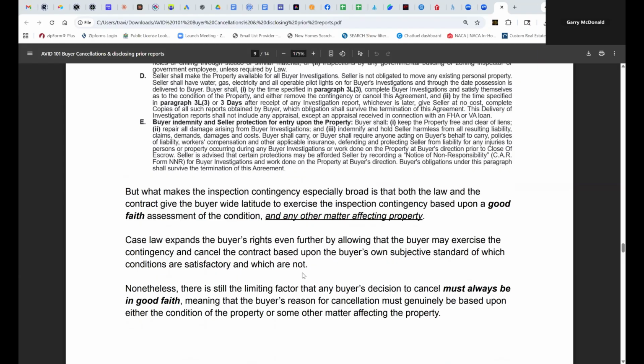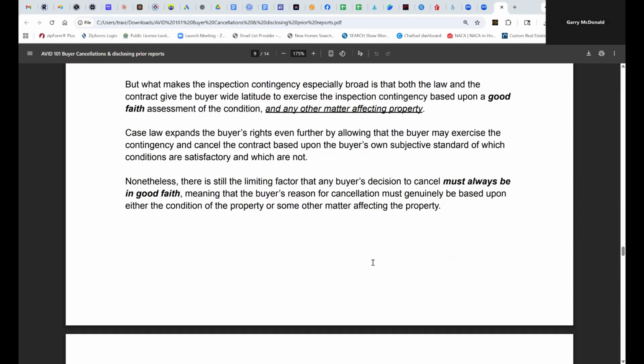But what makes the inspection contingency especially broad is that both the law and the contract give the buyer wide latitude to exercise the inspection contingency based on good faith assessment of the condition and any other matter affecting the property. Case law expands the buyer's rights even further by allowing that the buyer may exercise the contingency to cancel the contract based upon the buyer's own subjective standard of which conditions are satisfactory and which are not.